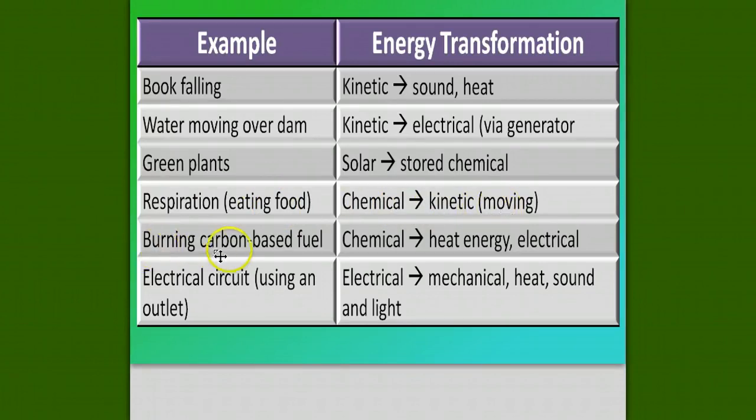Burning carbon-based fuels, anytime you say burning a fuel, gasoline, any of that is chemical energy changing into heat energy and electrical energy. Electric circuit using an outlet that you plug into the wall is electrical energy transforming into mechanical energy, heat, sound, and light.